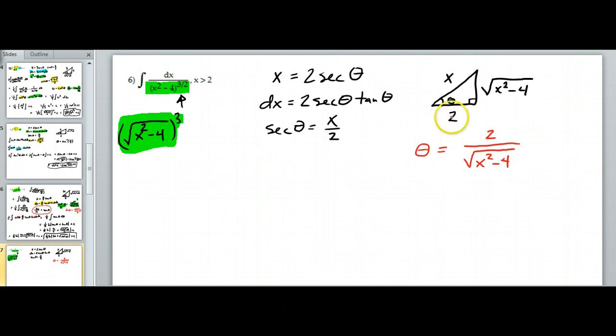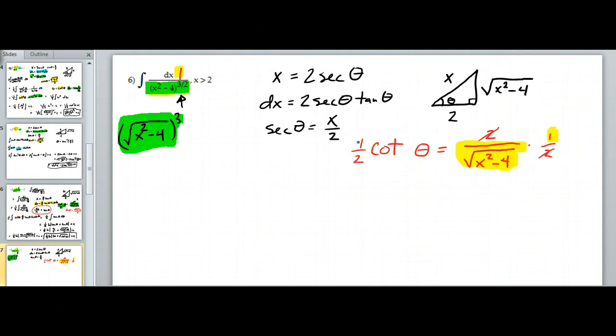Alright, so 2 is, again, I'm putting this down on the bottom because it's on the bottom in this fraction. So that's going to be, again, the cotangent. And if I divide both sides by 2, or multiply by half, we get something like what we have here, a 1 up top.